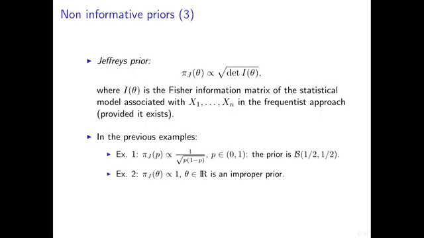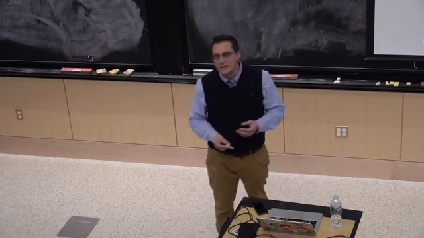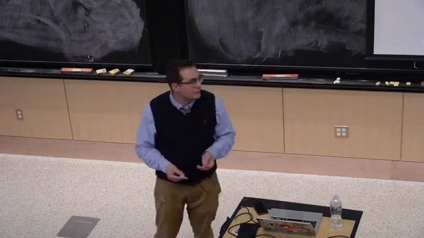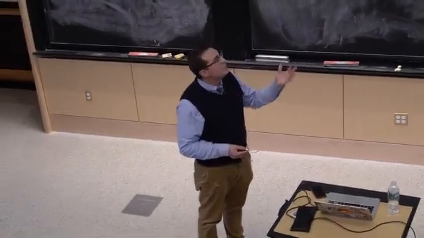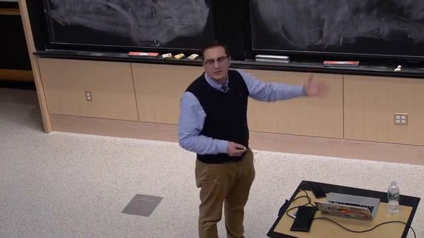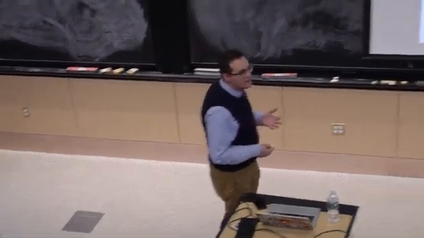And this prior is proportional to the square root of the determinant of the Fisher information matrix. If you're in one dimension, it's basically proportional to the square root of the Fisher information coefficient, which we know, for example, is the asymptotic variance of the maximum likelihood estimator.